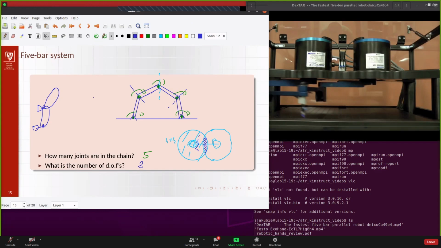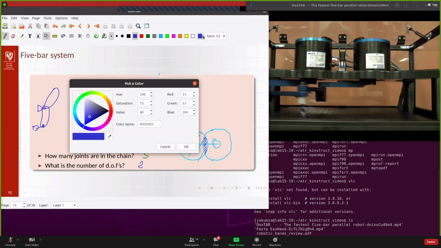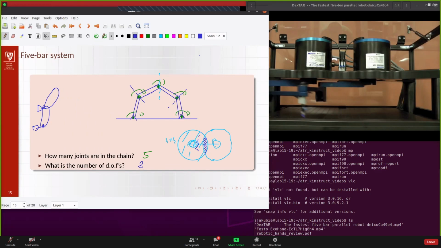When you look at the structure that we had in our case, we were actively driving this joint and this joint. So we needed to have the motors at the base, and the motor didn't need to move.